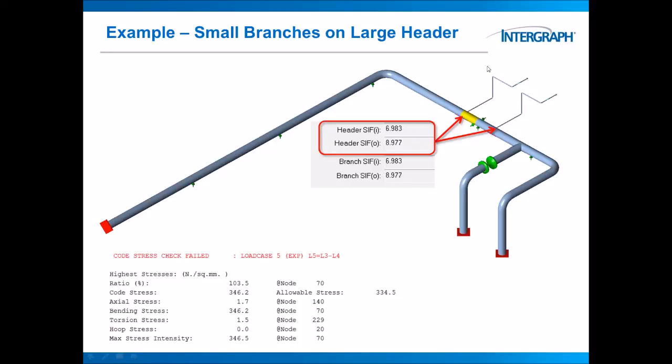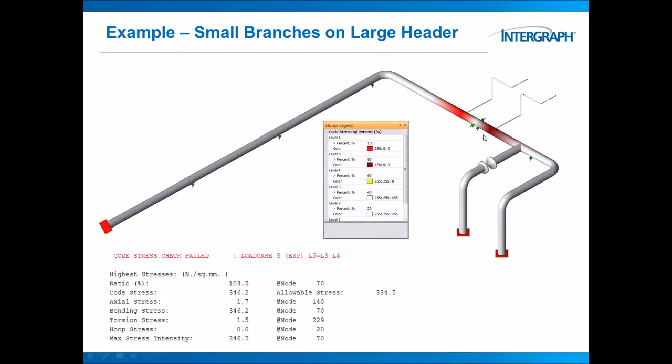If you were to include the B31.3 intensification factors, then you actually get a code stress failure in the expansion case, failing at 103%, and the failure is on the header pipe itself, not on the branch. In reality, are those two tiny little branches going to have that much of an effect on the header?